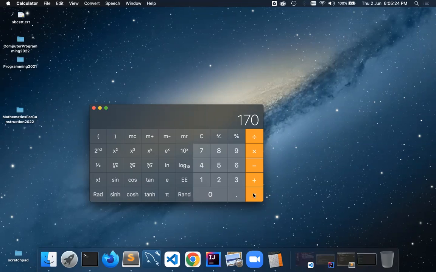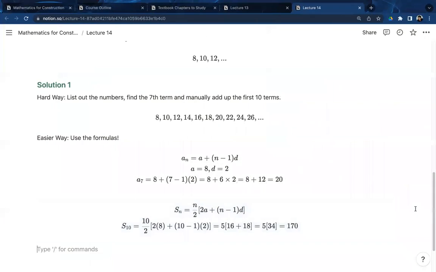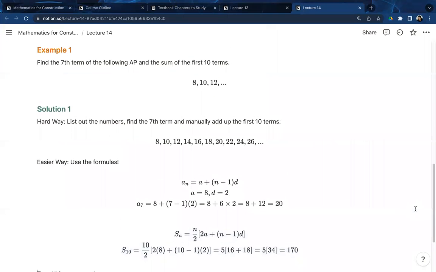All right, 70, 170. I get bored doing that, and I make a mistake, right? So yeah, stick to formulas, people.